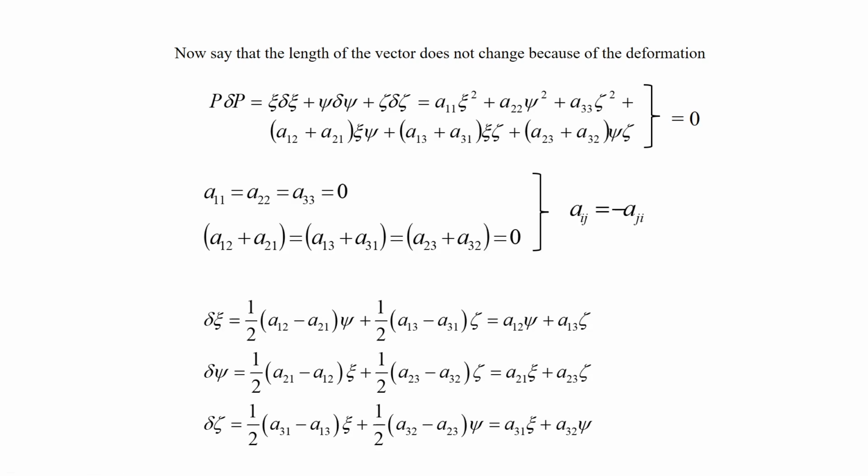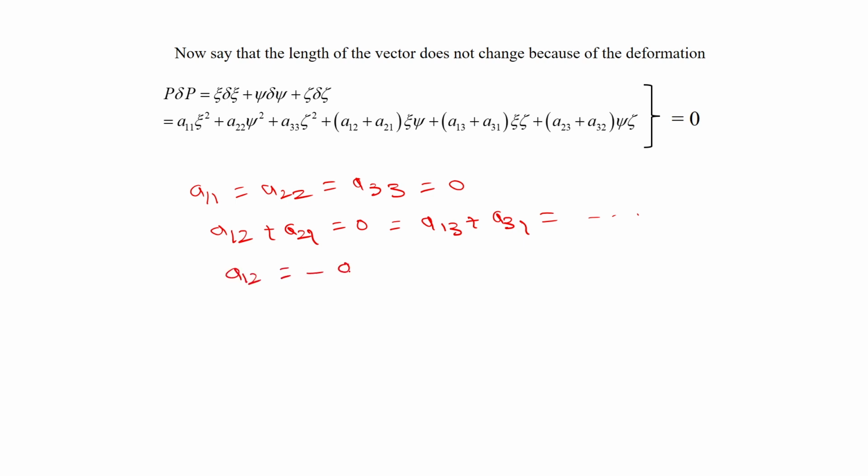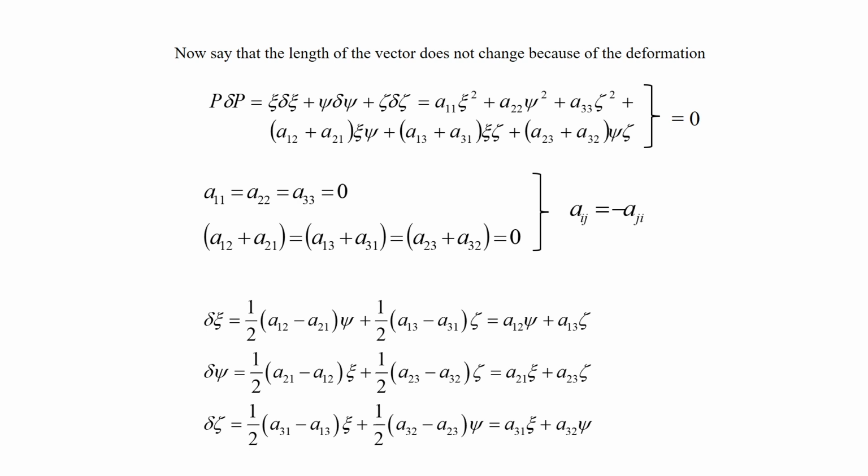So, a11 equals a22 equals a33, all have to be equal to 0, and then a12 plus a21 has to be equal to 0, and a13 plus a31 has to be equal to 0. Therefore, a12 is equal to minus a21 and a13 is equal to minus a31. So, we can write it as aij is equal to minus aji.